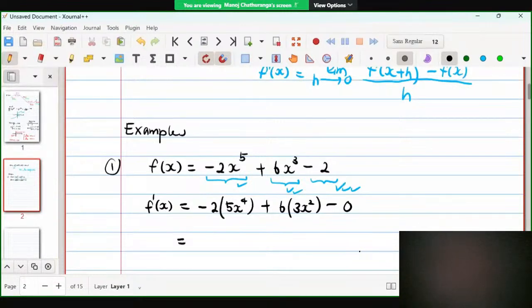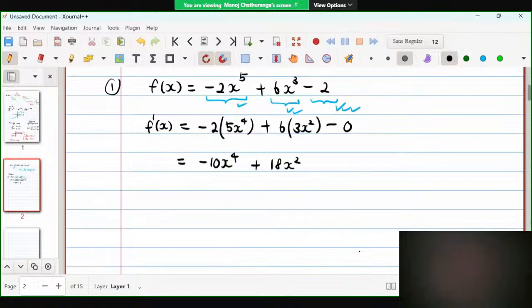Now you can simplify this a little bit. Negative 10x to the fourth power plus 18x squared. If you want, you can simplify this a little bit more because 2x squared is common.